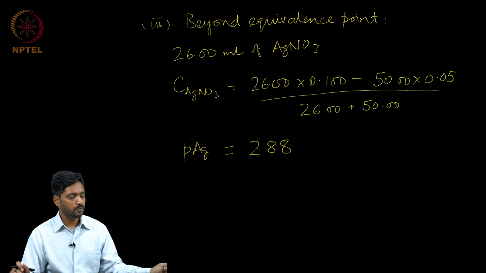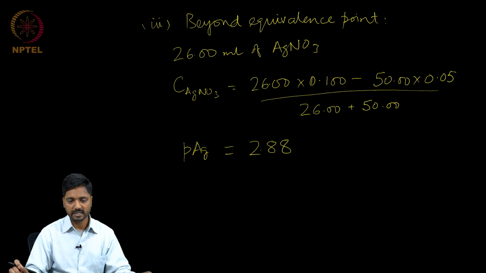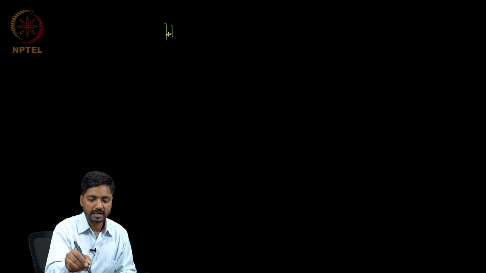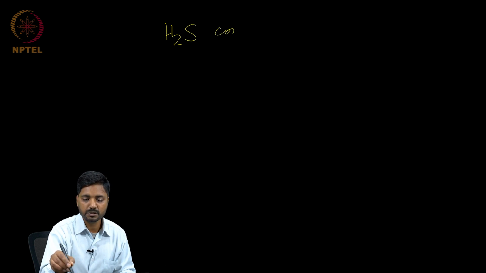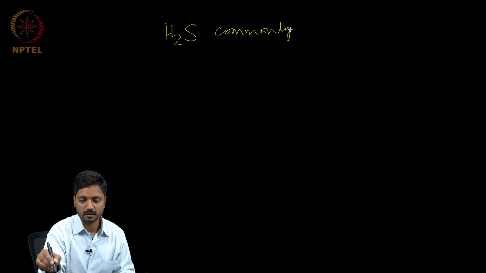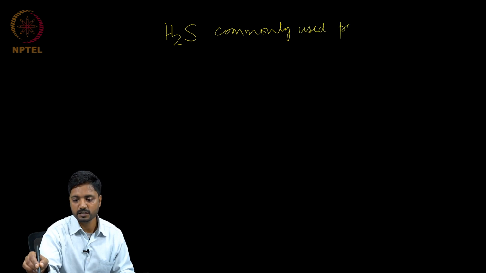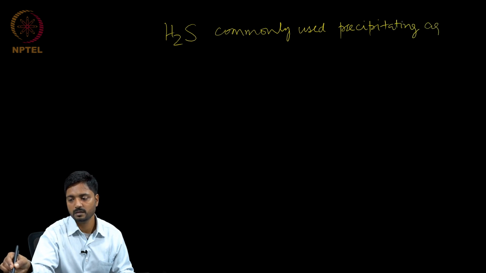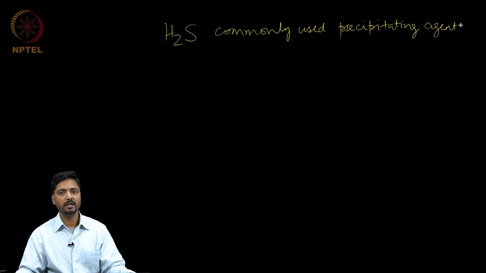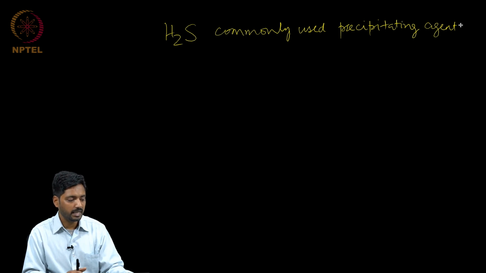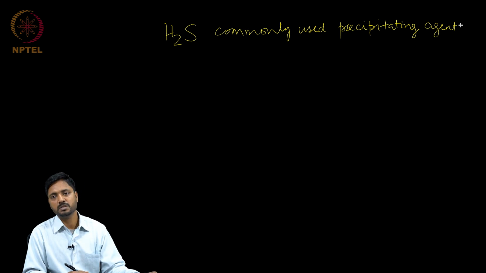Now, you would have also encountered that hydrogen sulfide is a commonly used precipitating agent, especially when we are trying to do our chemical analysis, and we will understand today why hydrogen sulfide is used commonly as a precipitating agent.